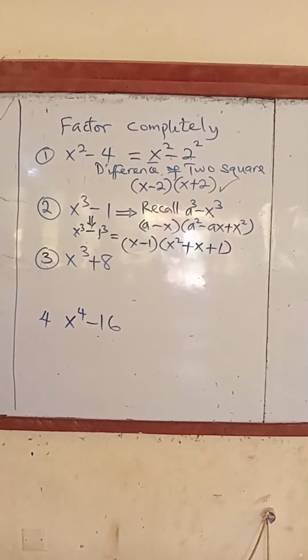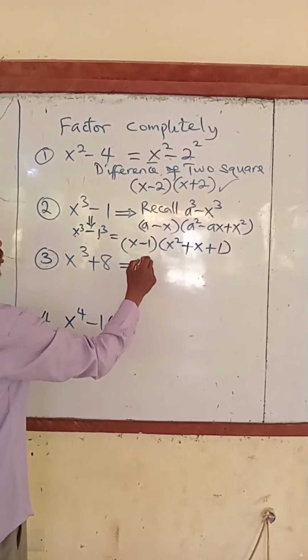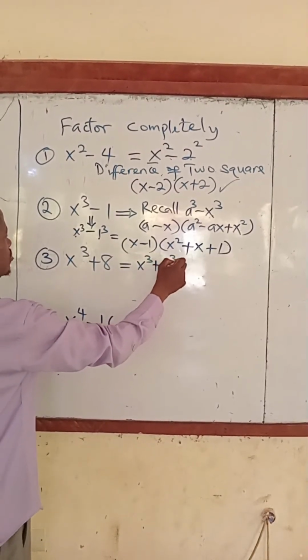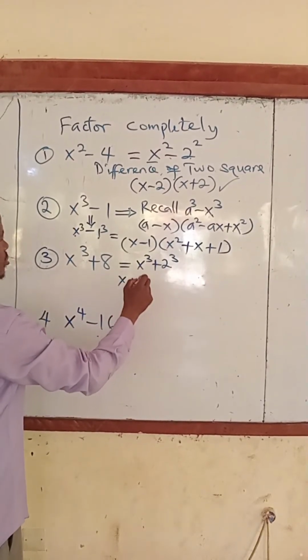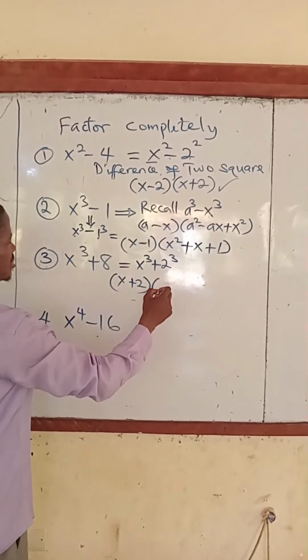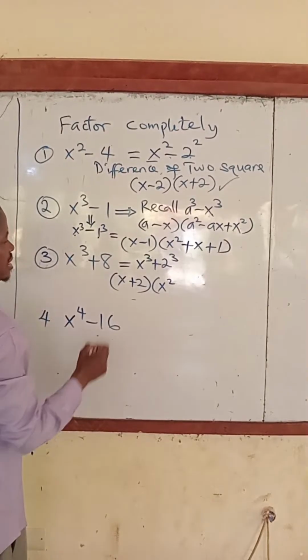Okay. The next one, this will be equal to x cube plus 2 cube, and that will be equal to x plus 2 times what? Times x squared. Okay.